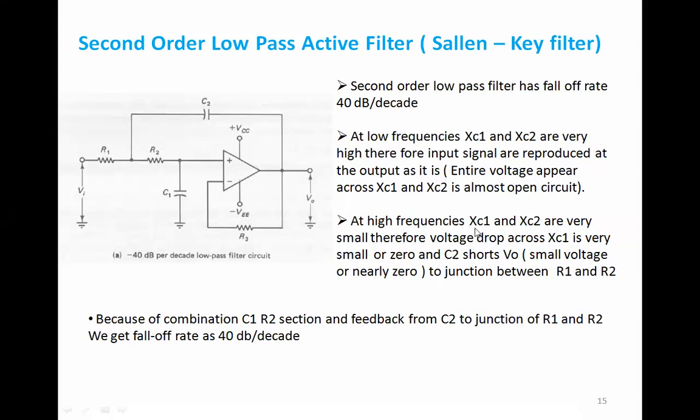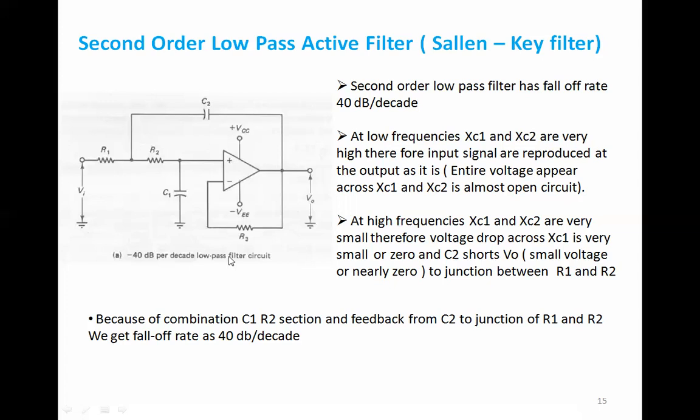Next, at high frequency, the reverse happens. The capacitive reactances are small, therefore there is a voltage drop and a lot of attenuation, and that happens between R1 and R2. So there is a lot of loss, and attenuation is high. Because of the combination of the C1 R2 section, the C1 and R2 junction, and feedback from C2 to the junction of R1 and R2, we get a fall off rate of 40 dB per decade.